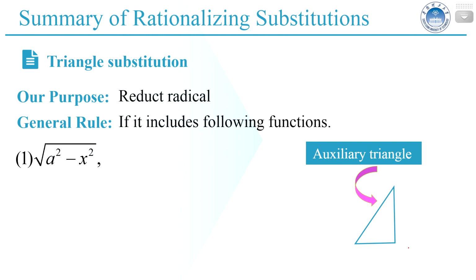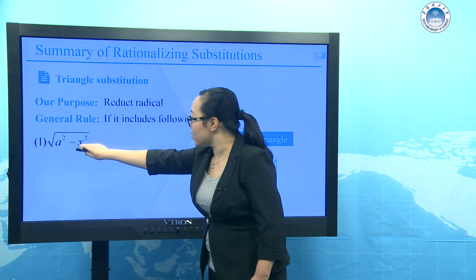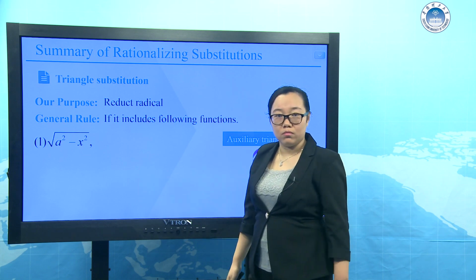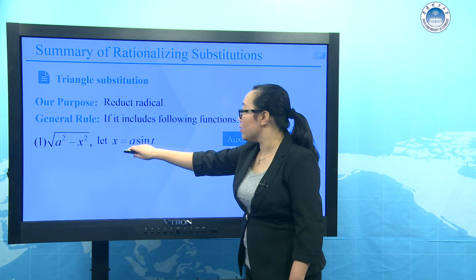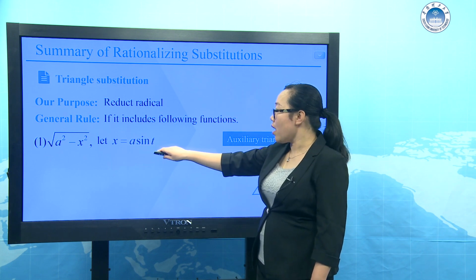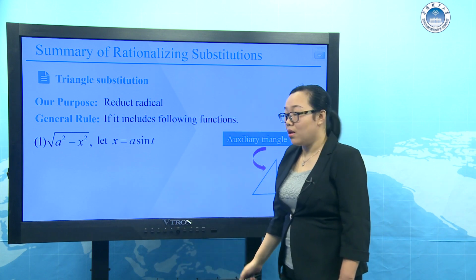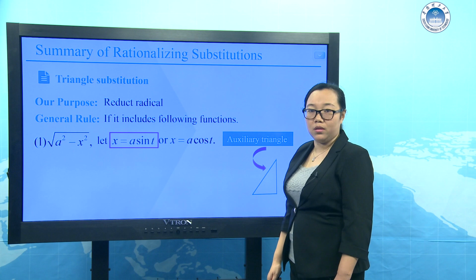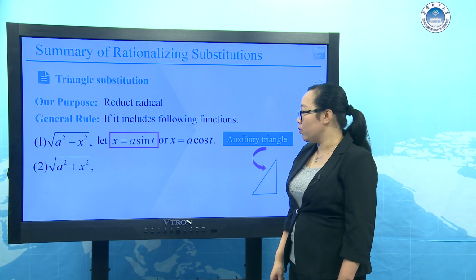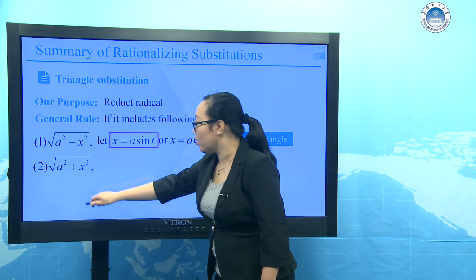Case 1, if the square root of a squared minus x squared, how to do? Let x equals a sine t. The square root will be eliminated. Or we can write x equals a cosine t.